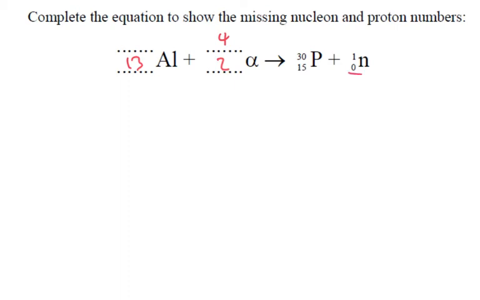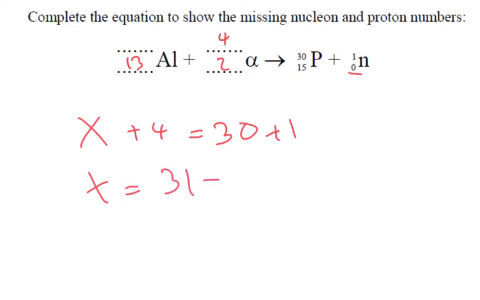And then the nucleon number, we've got 30 plus 1 on this side, that's going to equal 4 plus x. So x is going to equal 31 minus 4, which is equal to 27. So therefore, it must be 27 here.